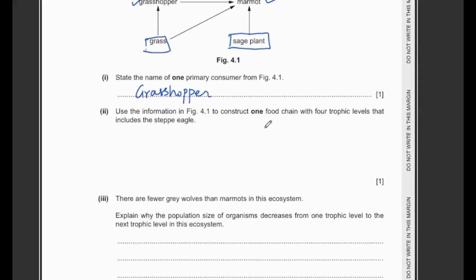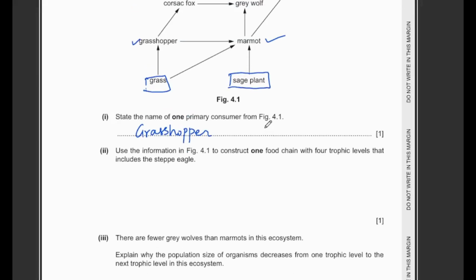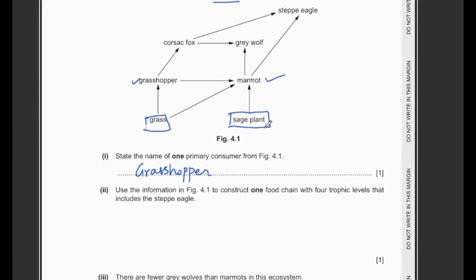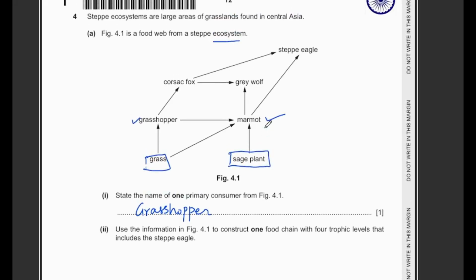Use the information in figure 4.1 to construct one food chain with 4 trophic levels that includes the steppe eagle. So 4 trophic levels we have to write. We have to include the eagle also, this steppe eagle. So we will always start with the grass.